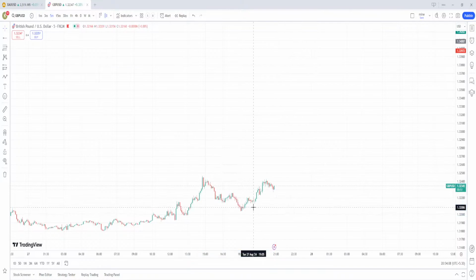So where am I going to take a buy trade in this? By using Fibonacci retracement, I am going to draw from the low to high.